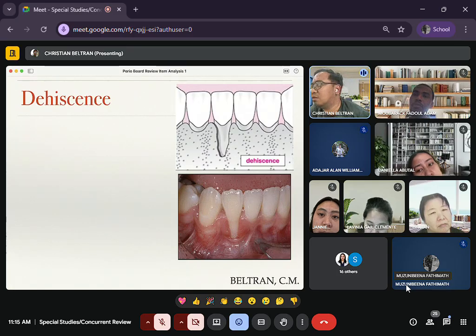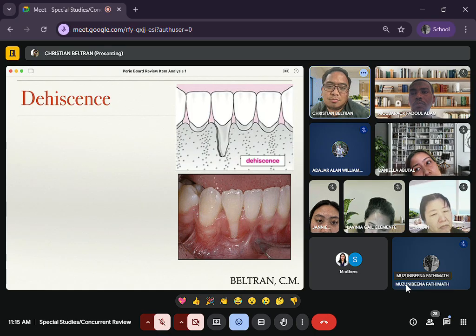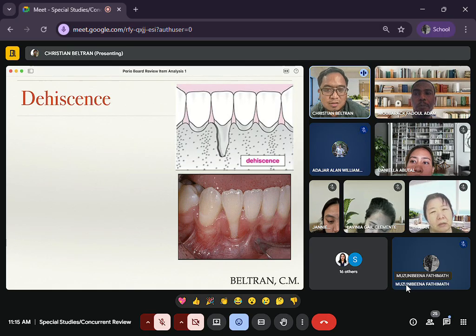Okay? Can orthodontic tooth movement cause dehiscence, or is orthodontic tooth movement only limited to fenestration? What do you think? It can be. On what instance? Both. I mean, on what instance can you have dehiscence in terms of orthodontic tooth movement?